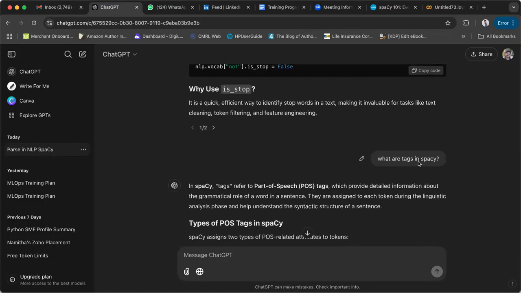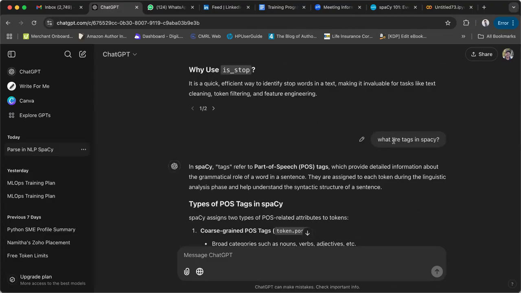Yeah. So, what are tags in spaCy? I'm just asking this. In a question statement, all the other relevant information will always be removed.